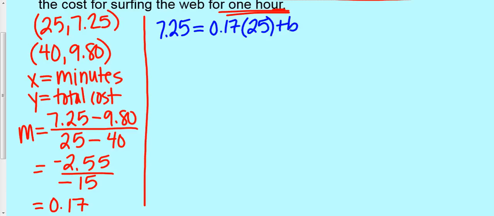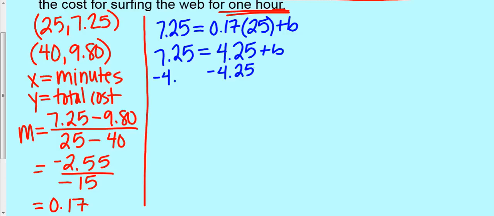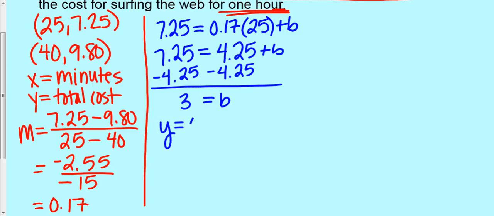When I multiply that together, I get $4.25. I'm going to subtract $4.25 from both sides, and I get b equals $3. My equation is y equals 17 cents x plus 3.